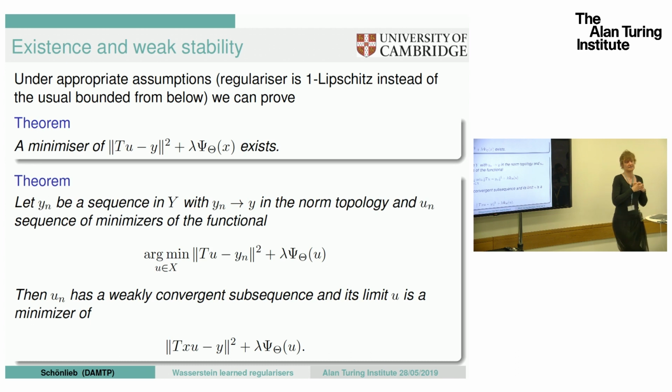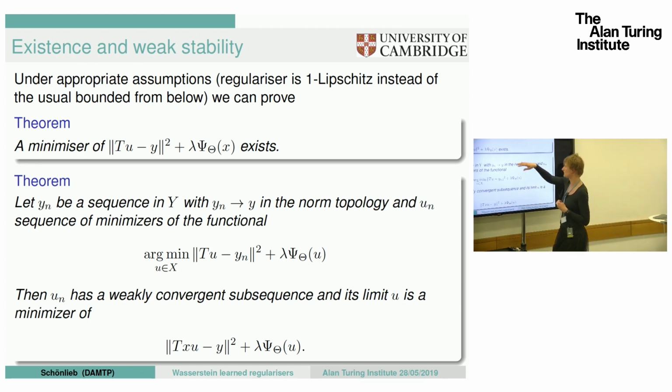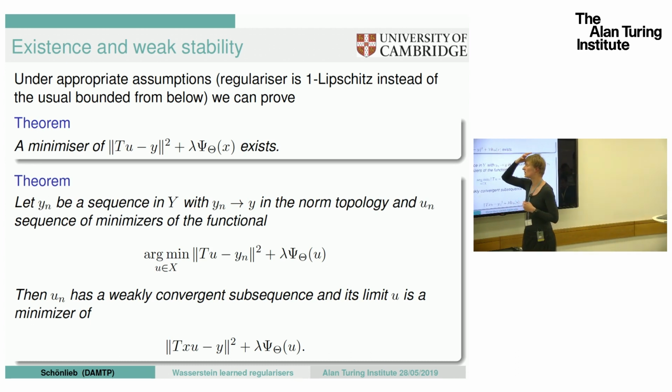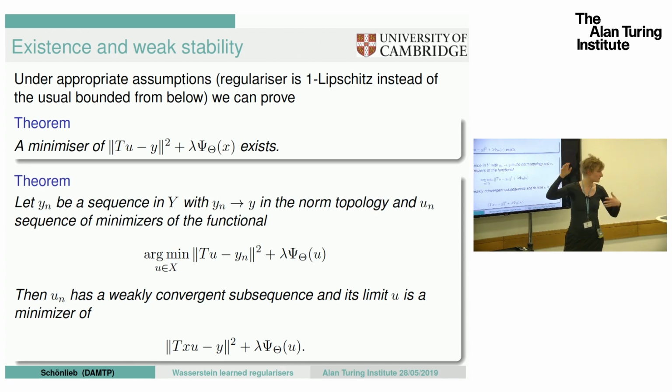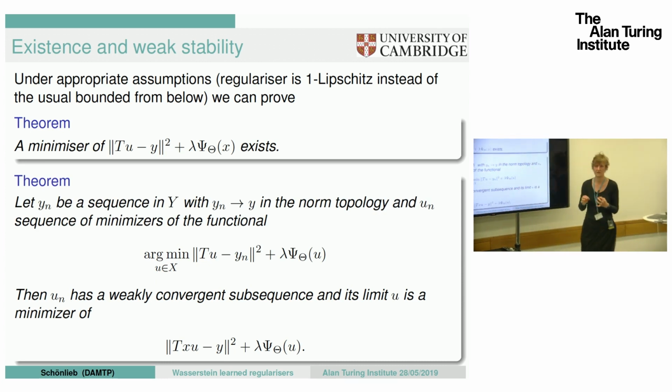The other thing I said, and I'm not going into too much detail here, is that I like to stick with the variational approach because I can say something about this. When I say theorem here, it's actually just an application of standard inverse problems, variational regularization theory. We can at least prove that a solution exists, and we can prove stability in a very weak sense.